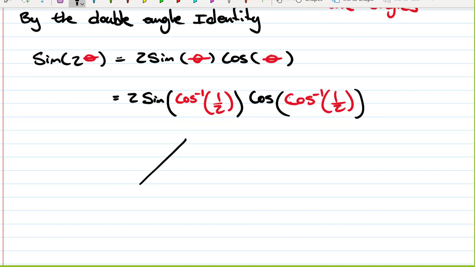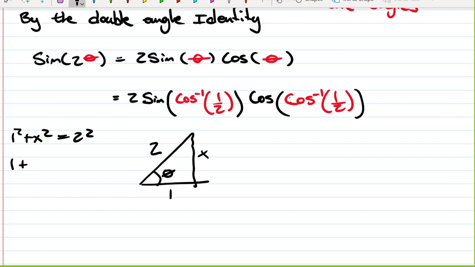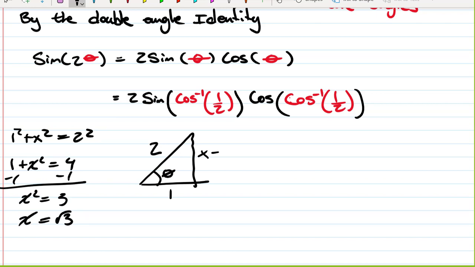So we have our cosine, and by definition, cosine is adjacent over hypotenuse, so that's a 1, 2, and we solve for the missing side, which I'll call x. So 1 squared plus x squared equals 2 squared, so 1 plus x squared equals 4, minus 1, we get x squared equals 3, so then x is the square root of 3.